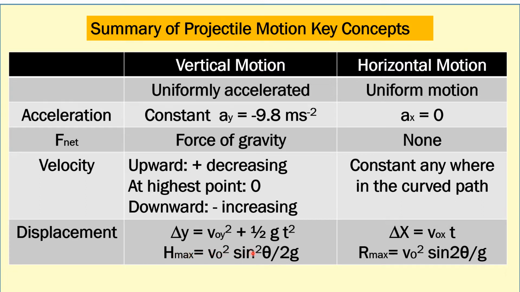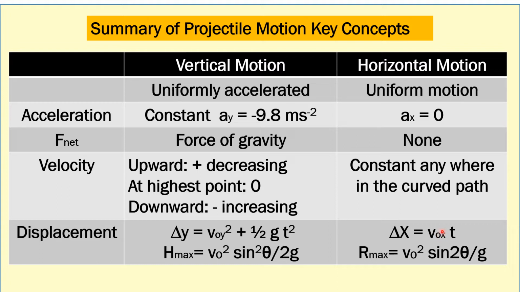Now, for the horizontal component of the motion, we only use this simple formula in determining the horizontal distance or displacement, delta x. It is equal to v sub 0x, meaning the initial velocity along the x.